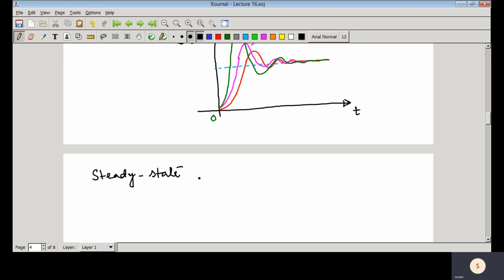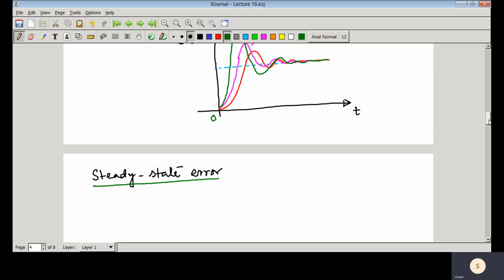Now if there is a difference between the observed output and the command signal, that term is known as the steady state error.